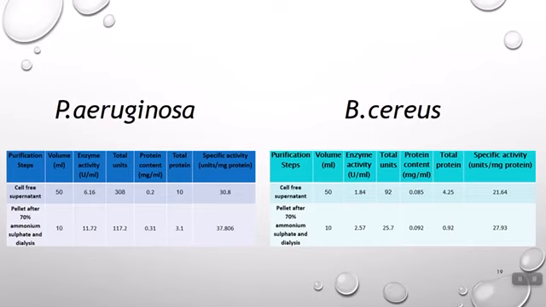The tables on this slide compare data on enzyme activity, total units, protein contents, total protein, and specific activity for the produced enzymes for both Pseudomonas aeruginosa and Bacillus cereus at different stages of purification.